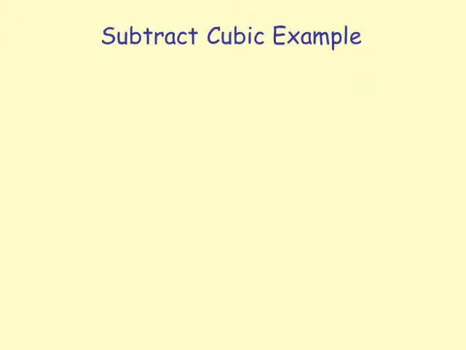Okay, let's look at some examples of subtracting two cubic expressions. Let's see what I mean by that. The first expression example is E1 is 4x cubed plus 3x squared plus 7x minus 6.